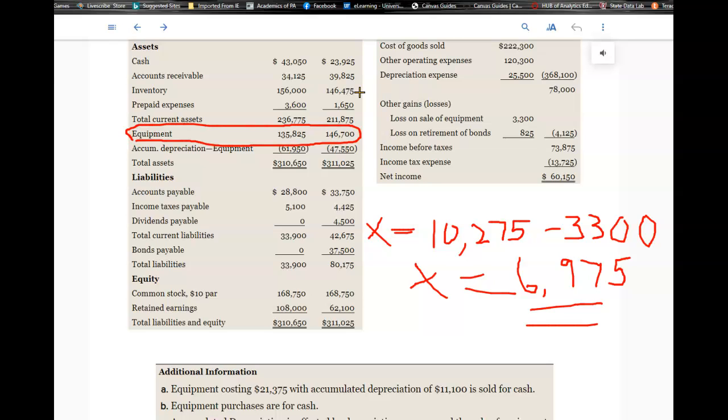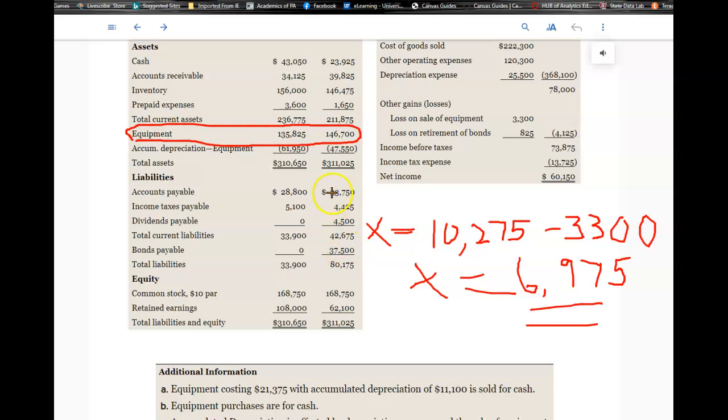for $10,500. And that's how we end up getting to that change, because if you think about it, if you start out with 146,700 minus 21,375 equals 125,325, and then subtract that from 135,825 equals $10,500.